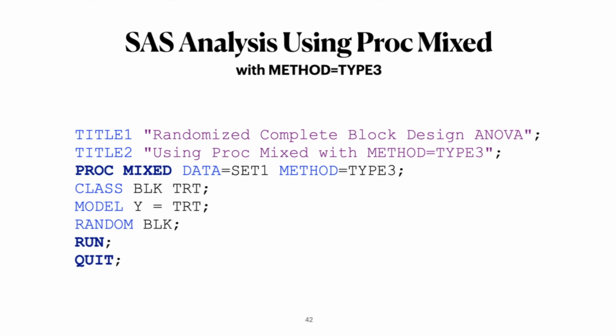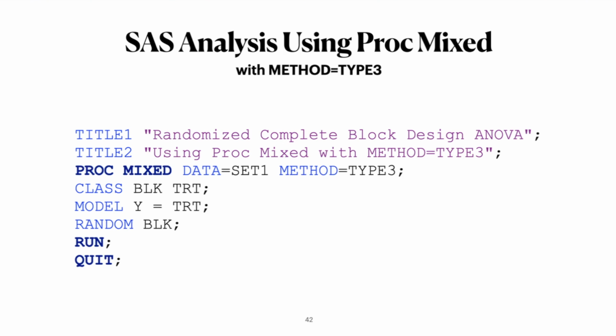Now, one thing that I'm doing when I invoke proc mixed, I'm telling it which method to use, and there are several methods. One is maximum likelihood. Another method is residual maximum likelihood, sometimes called restricted maximum likelihood, but the appropriate term is residual maximum likelihood.